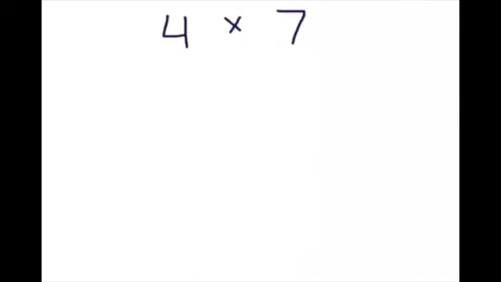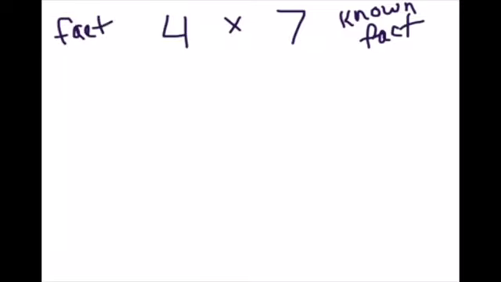So with the problem 4 times 7, that might be a tricky problem for you. Remember, I'm going to look for a known fact, or a fact that I already know. Last time with 8 times 8, the 8s were the same, right? We had the same factors, and in this case, our factors are 4 and 7.